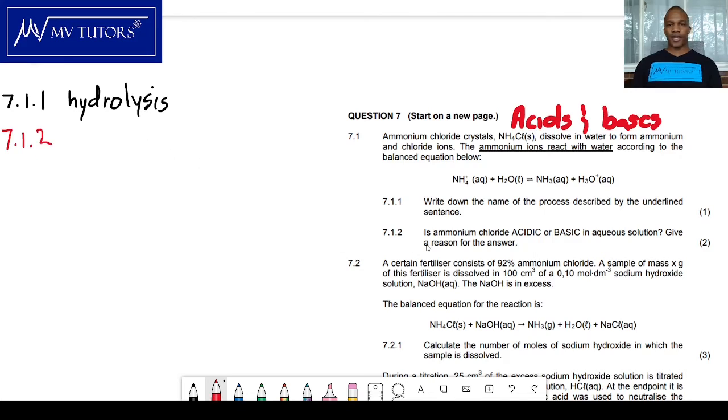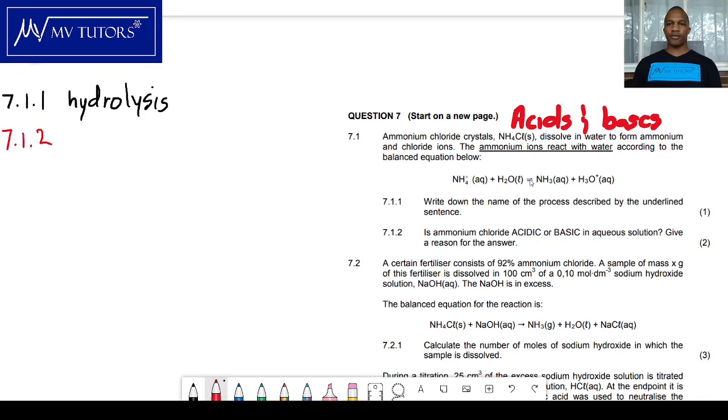7.1.2 is ammonium chloride acidic or basic in the aqueous solution? Give a reason for your answer. Well, basically we need to see which one donates to who, which one loses an H, because the one that loses an H between these two is the acid, then the other is a base. So let's look at this.